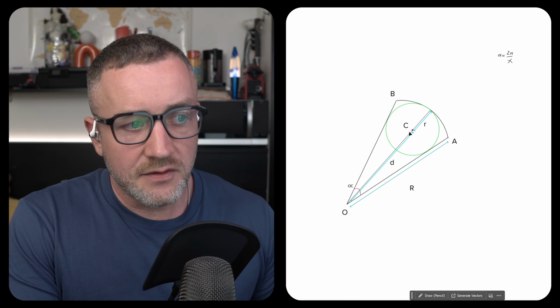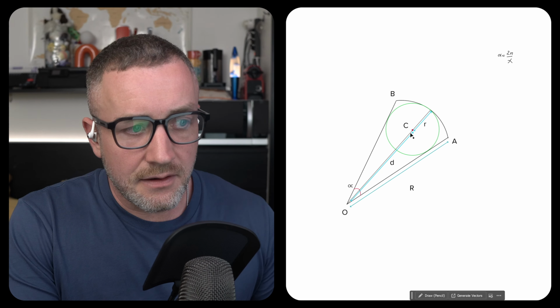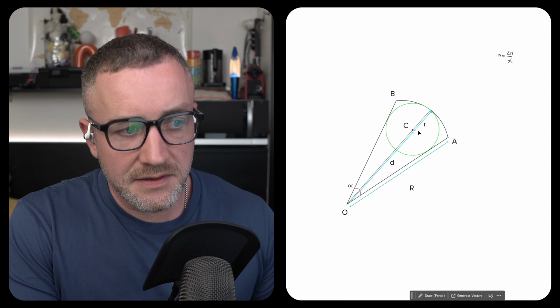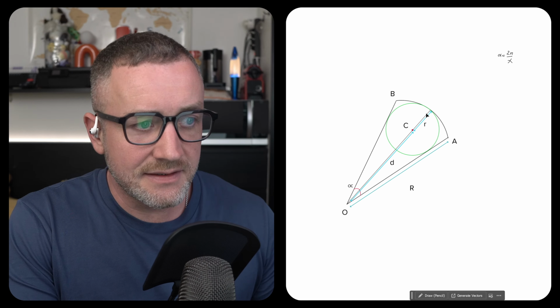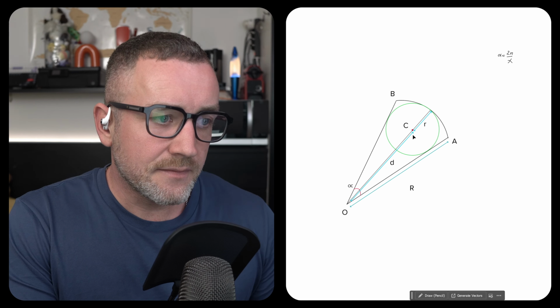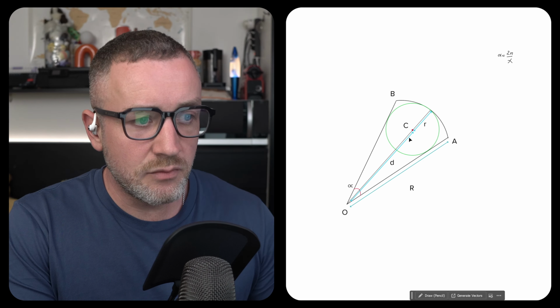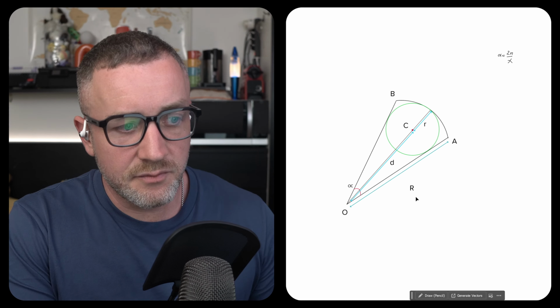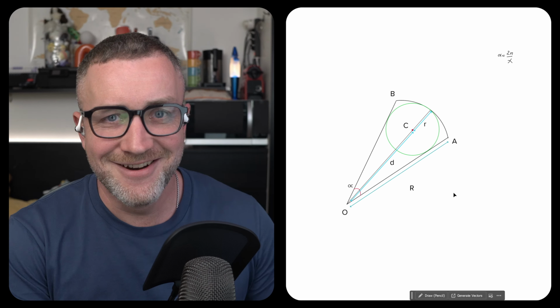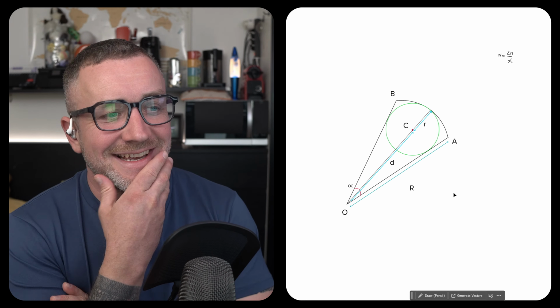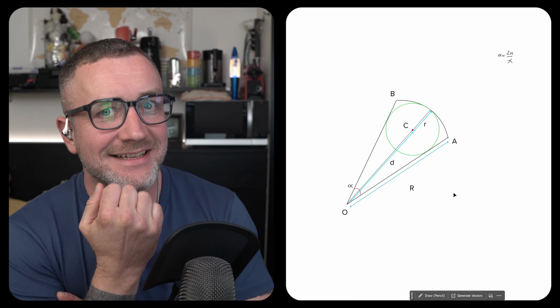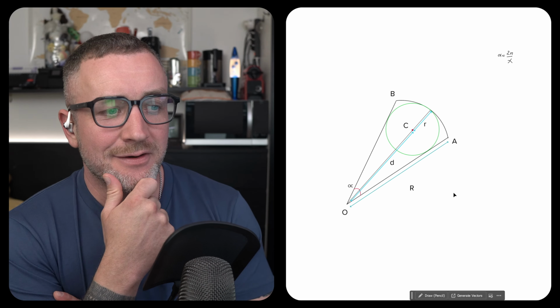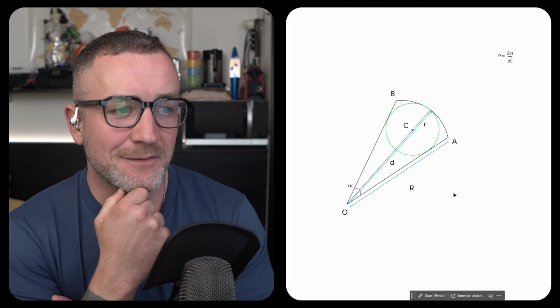So D plus little r equals big R. I realize that maybe you don't say it like that at all, but sorry, it will be like that for this session.